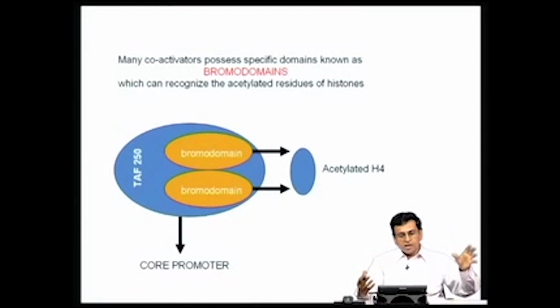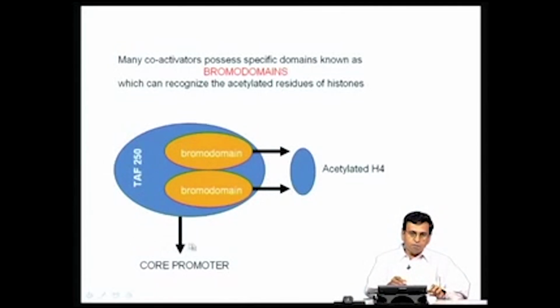So, the acetylated histone H4 is recognized by a member of a general transcription factor complex through the bromodomains, and then in combination with RNA polymerase can bring about transcription activation.